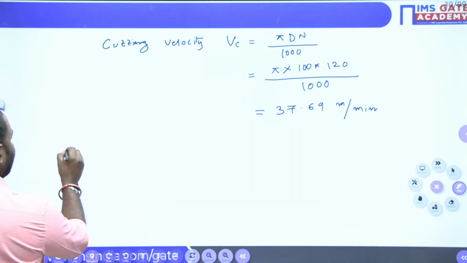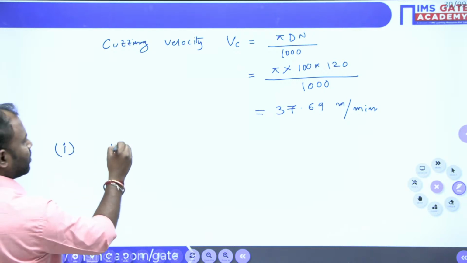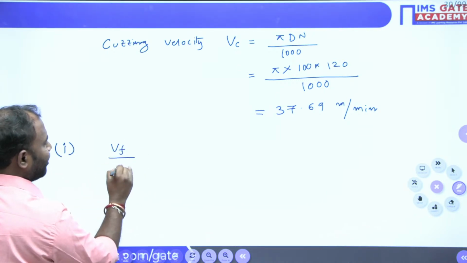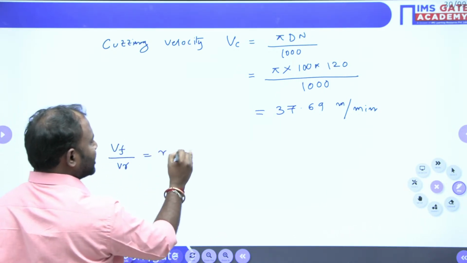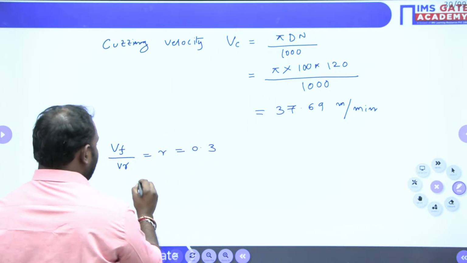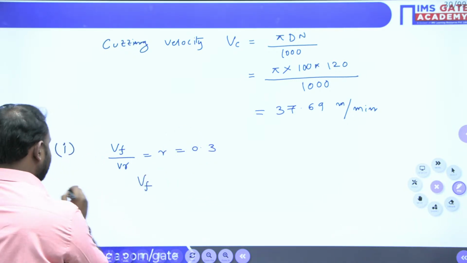Now let us calculate that first. VF by VR is equal to R, that is equal to 0.3. From there I require chip flow velocity, right?